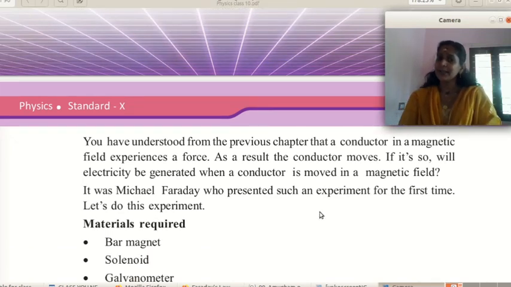You know that in the previous chapter we studied that a conductor in a magnetic field experiences force. You kept a conductor in between the poles of a magnet. Then you passed the current through that conductor. Then what happened? The conductor experienced a force. Due to that, the conductor moved.